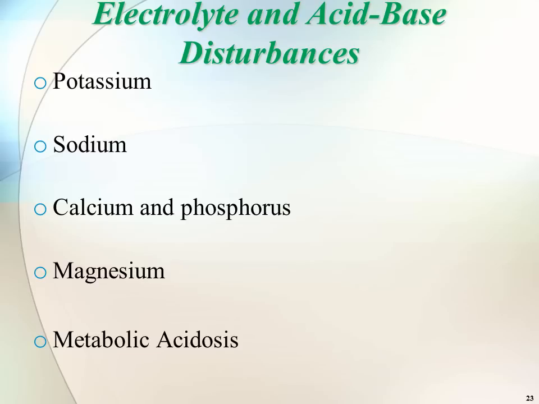And we'll talk about that in a little bit. Phosphorus is really important because it buffers urea. I'm not even going to talk about that. So calcium and phosphorus run opposite of each other.